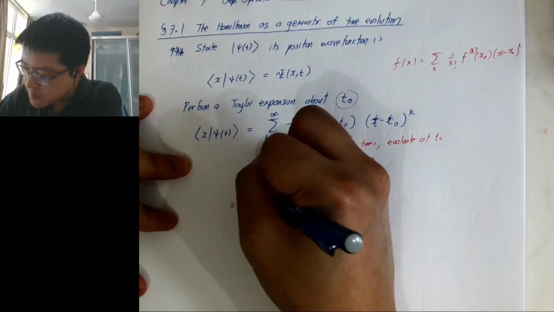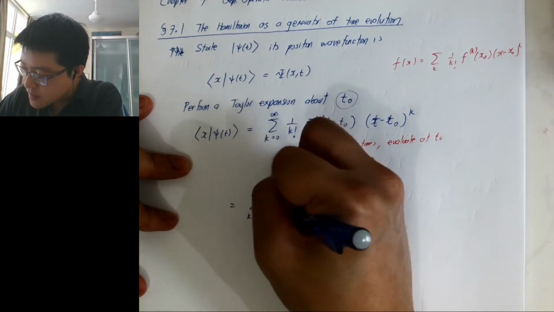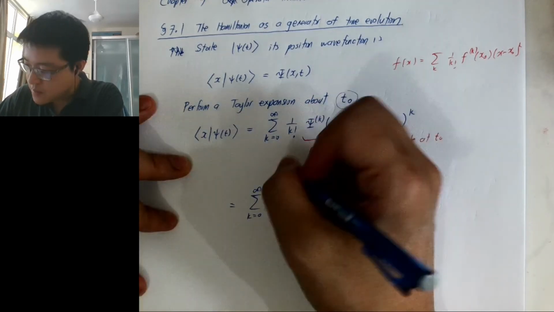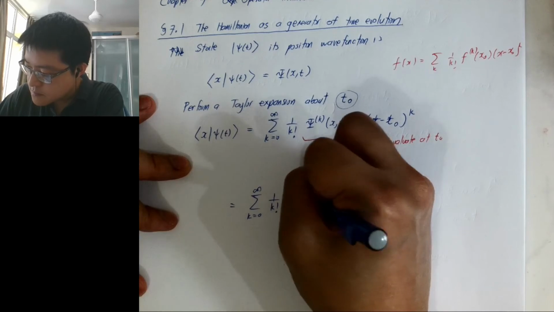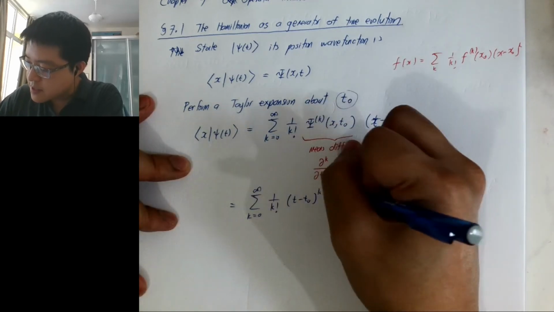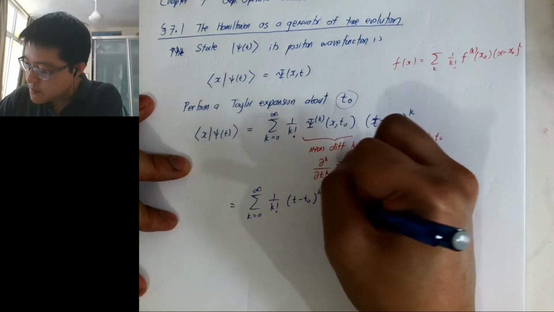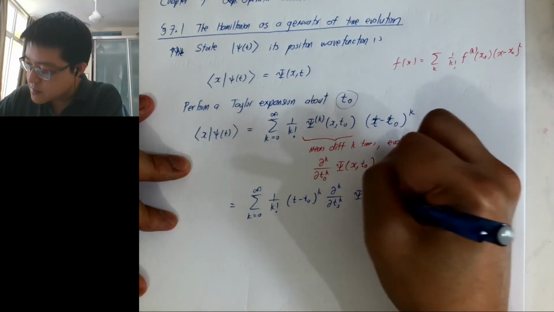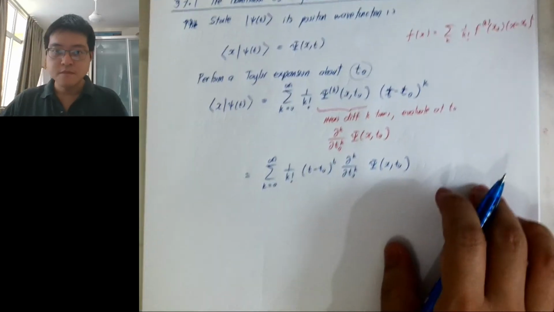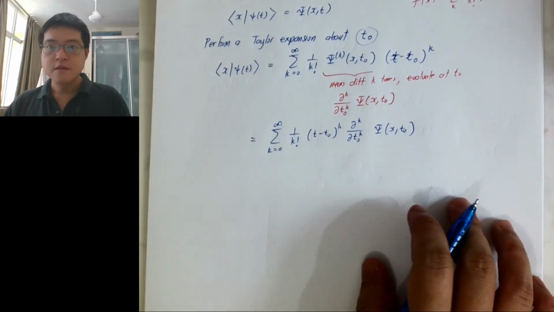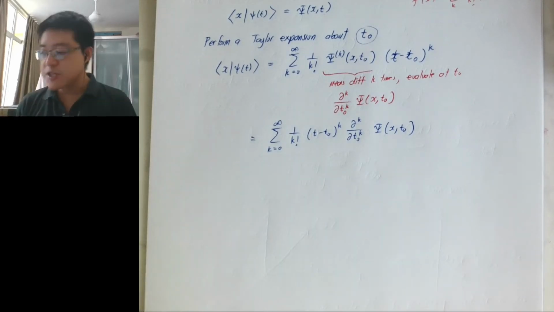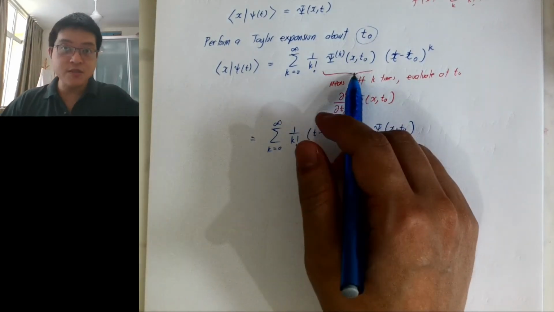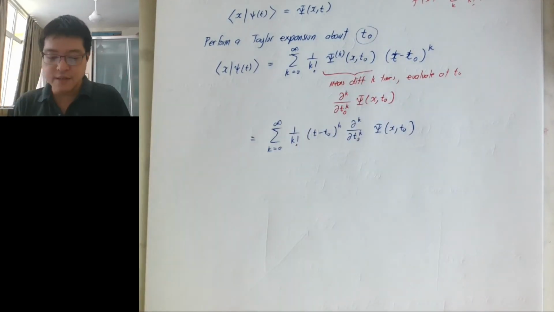So this is a summation from k equals 0 to infinity. Let me just move this to here. And then this is just differentiating k times and acting on t0. Okay, so again, I'm not doing anything special. It's just things you have seen before, but just moving things around.